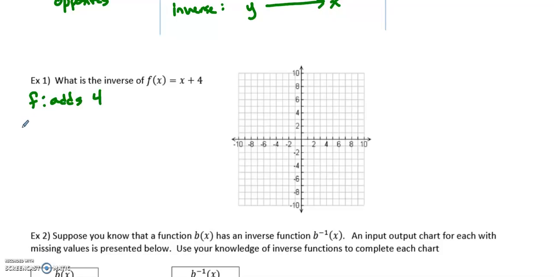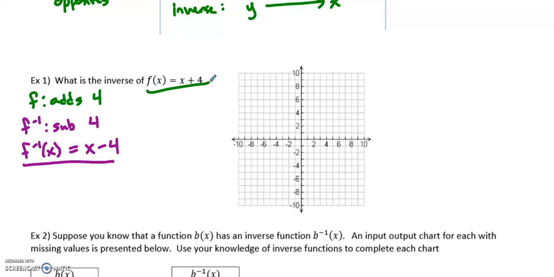So if I have my inverse, and it needs to undo the original, let me make it a different color. We'll make it purple. f inverse is going to have to undo the add with a subtract 4. So if I want to write it out as f inverse of x, it's going to be x minus 4. That's the inverse to my original.